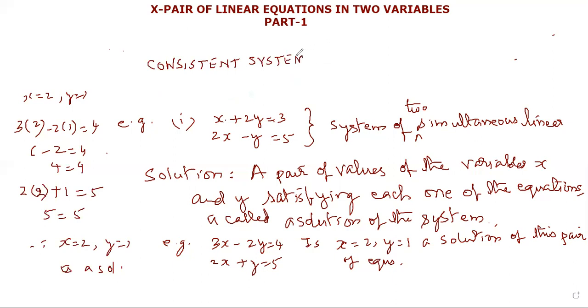Consistent system of linear pair of equations. So if it has a solution, if the pair of linear equations has at least one solution.